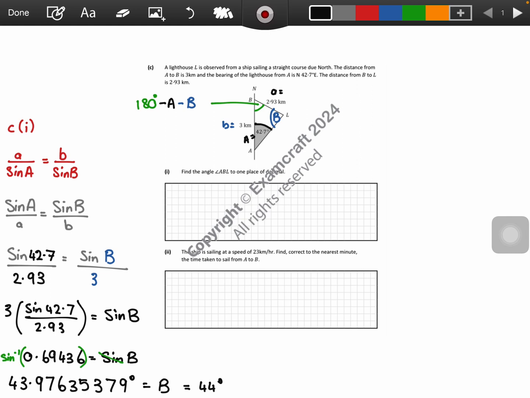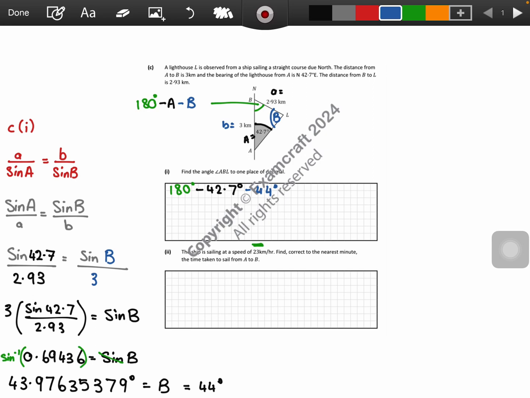Okay, if you are unsure, you could leave it with a few decimal places, then find C and then round it. We know now that C is going to be 180 degrees, taking away the 42.7 degrees, and taking away the angle B, which we have just found is 44 degrees.